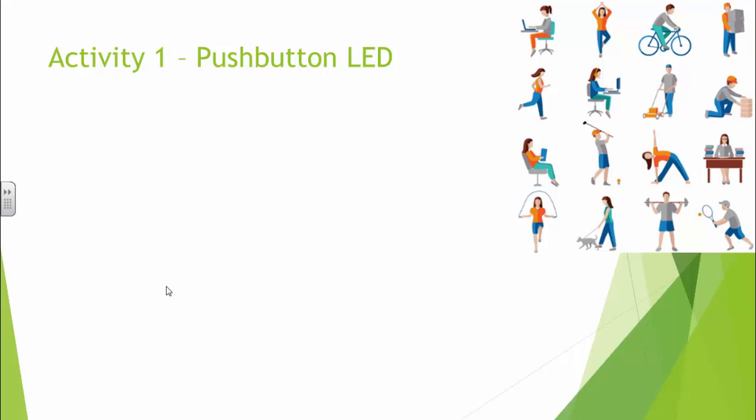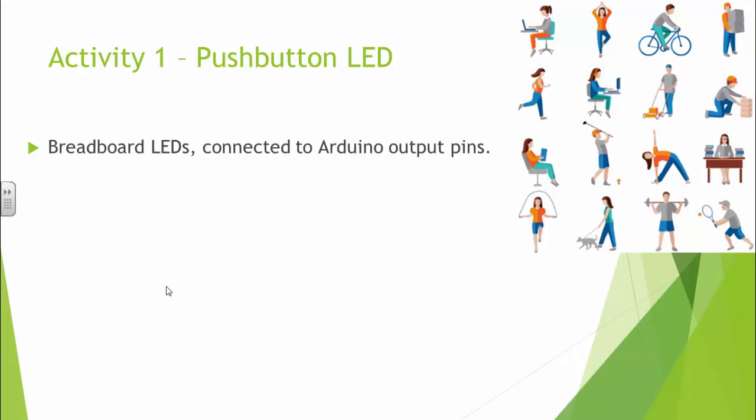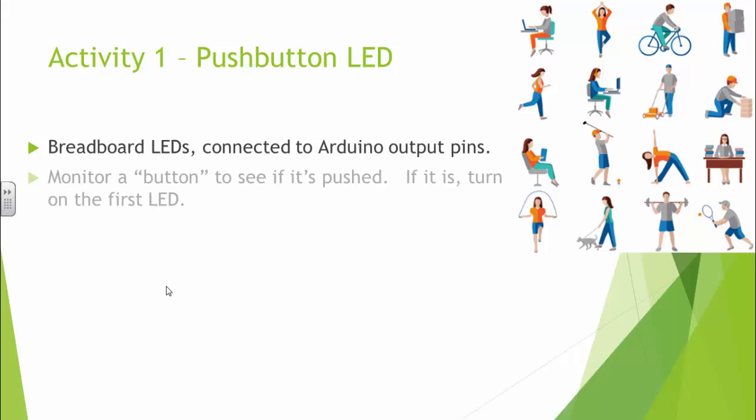So I'd like you to try that. Use those ideas to create your first implementation. So breadboard some LEDs with Arduino output pins. You've already got most of the code for all that stuff.